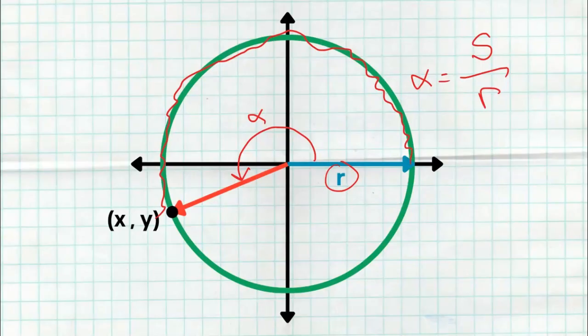But on this circle, we also have a point in this coordinate plane. You guys have been working with coordinate planes since you were kids, and that point has an X and a Y. Now, finding that X and finding that Y is going to be super important to understanding sine, cosine, and tangent, the three big trig values.